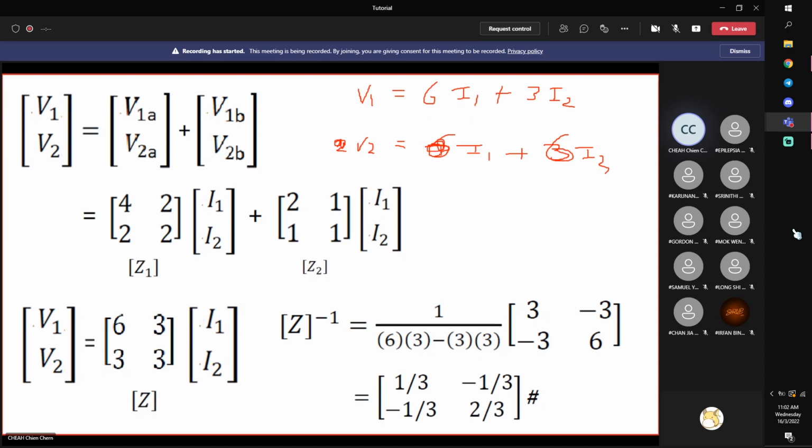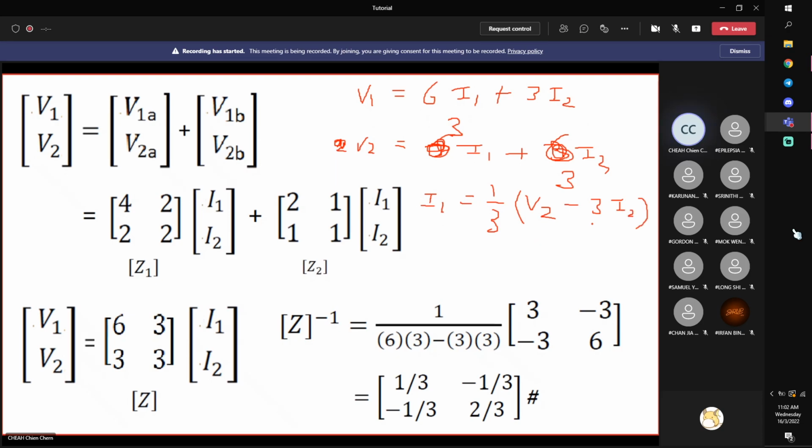Let's restore the original equations. For example, I use the second equation to express I1. I divide by 3, and here I have V2 minus 3I2.